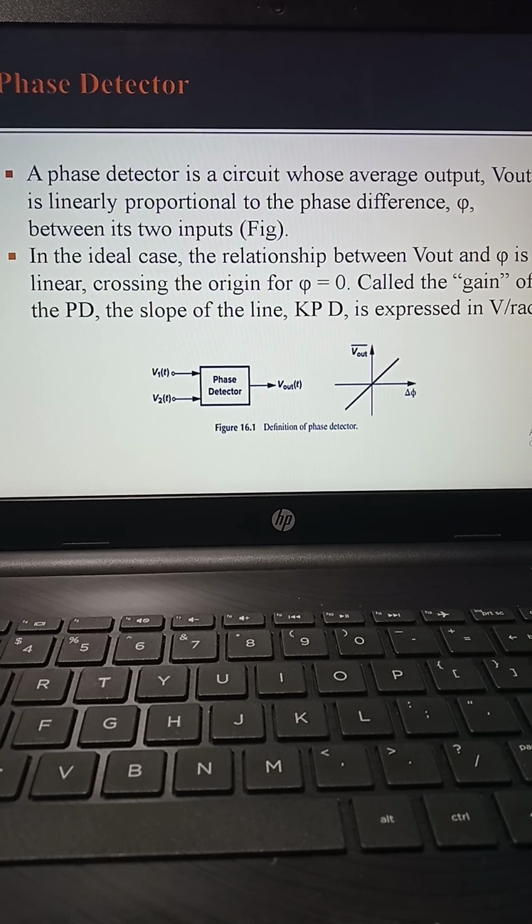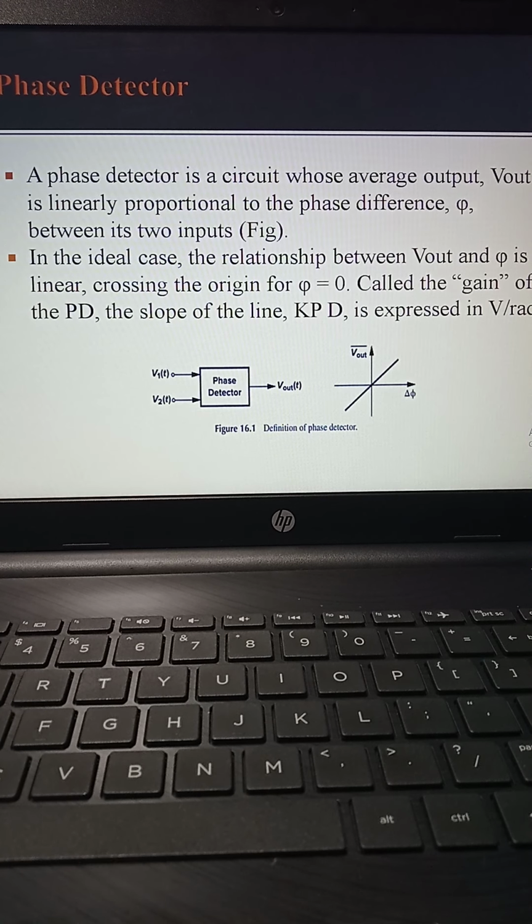A phase detector or phase comparator is a frequency mixer, analog multiplier or logic circuit that generates a voltage signal which represents the difference in phase between two signal inputs. So, a phase detector is a circuit whose average output Vout is linearly proportional to the phase difference phi between its two inputs, as shown in the figure.